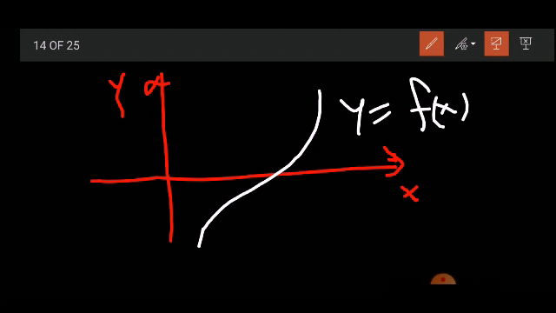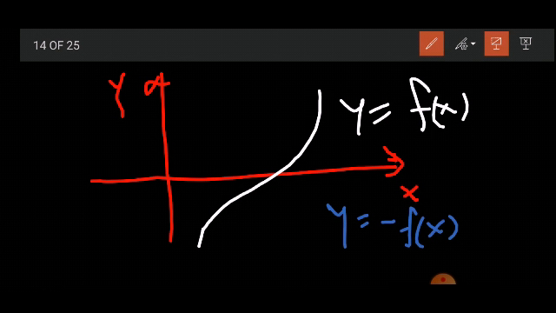Now we are interested in finding y equal to minus f(x). For minus f(x), the negative region comes in positive and the positive region comes in negative. Means all the part of y which is positive comes in negative. You have to take the image with respect to the x-axis.